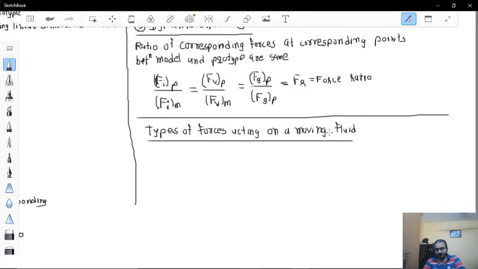So first is inertia force, which is equal to Fi, which is nothing but mass into acceleration of the fluid. So it will be m into a, and the direction of inertia force will be in the direction of the acceleration of the fluid. Second is viscous force.